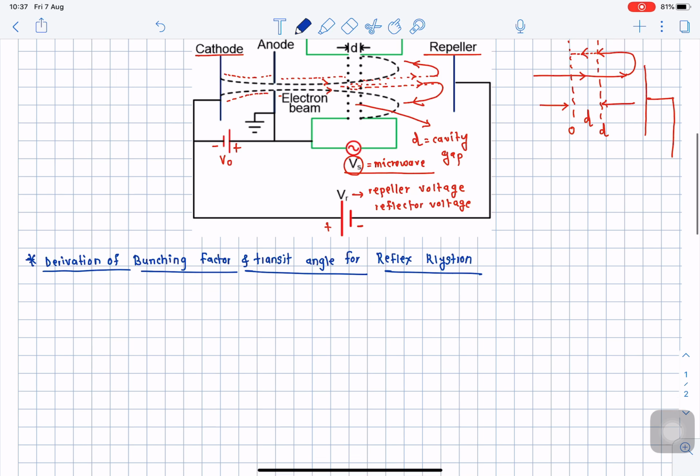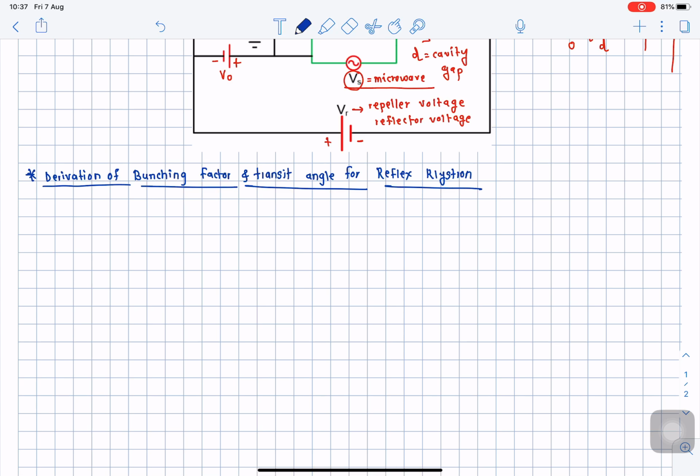Okay, so before going to the derivation, let me elaborate the same velocity time diagram for the reflex klystron.